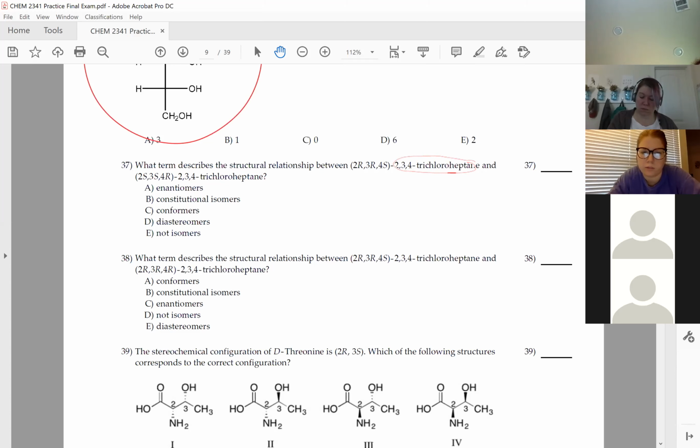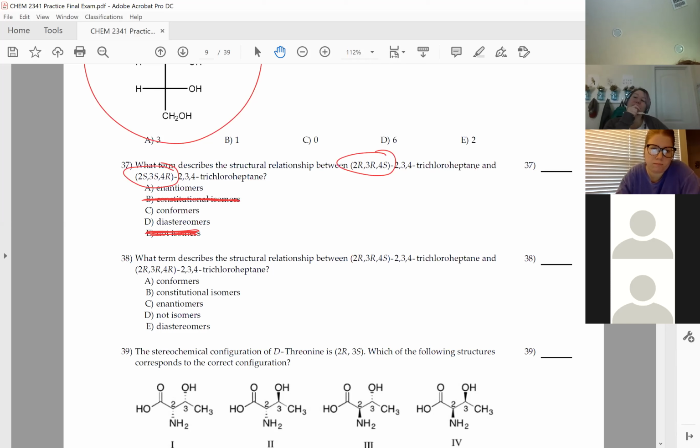They're definitely not constitutional isomers because they are the same connectivity. What else can we get rid of? We can also get rid of E because their structure is the same, but the letters that go with them are different. So we know that they're at least isomers of each other.